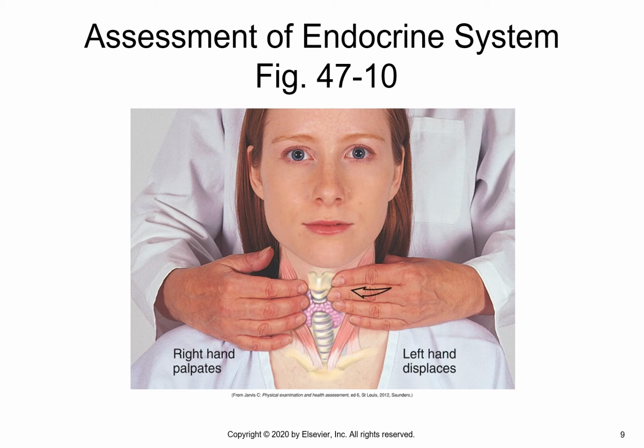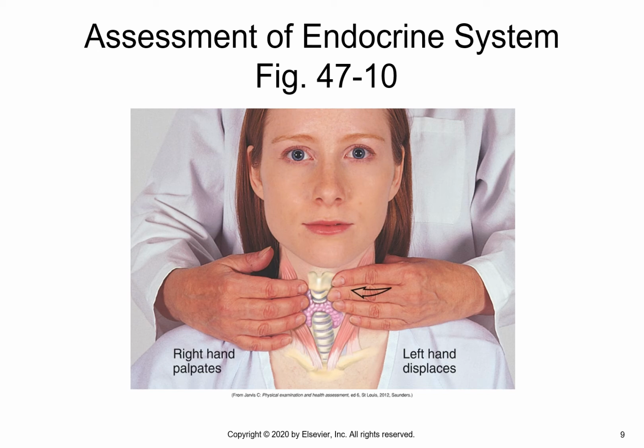For posterior palpation, stand behind the patient with the thumbs of both hands resting on the nape of the patient's neck. Use your index and middle fingers of both hands to feel the thyroid isthmus and the anterior surfaces of the lateral lobes.